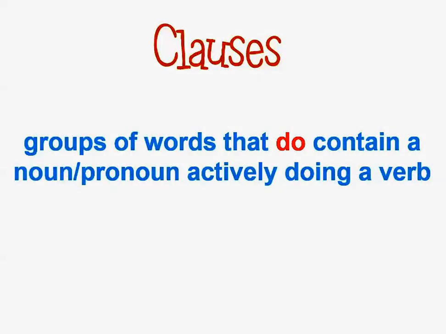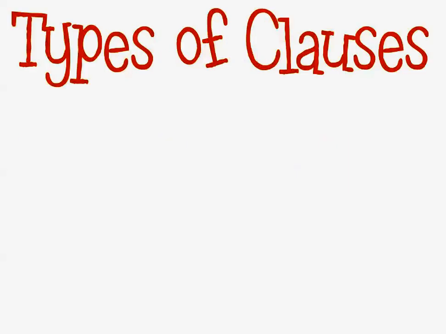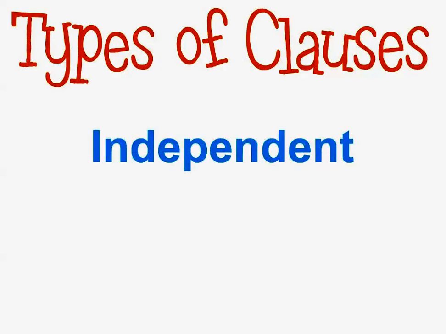Now, in order to really understand how subordinating conjunctions create complex sentences, you need to make sure that you remember clauses. So clauses are groups of words that do contain a noun or pronoun actively doing a verb. And we have 2 types of clauses. The first is an independent clause. This is a synonym for a full sentence.